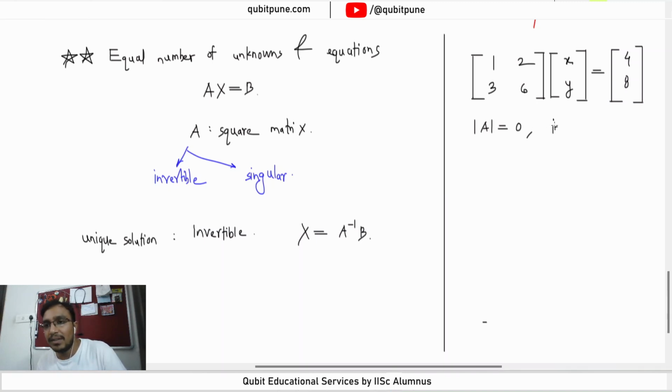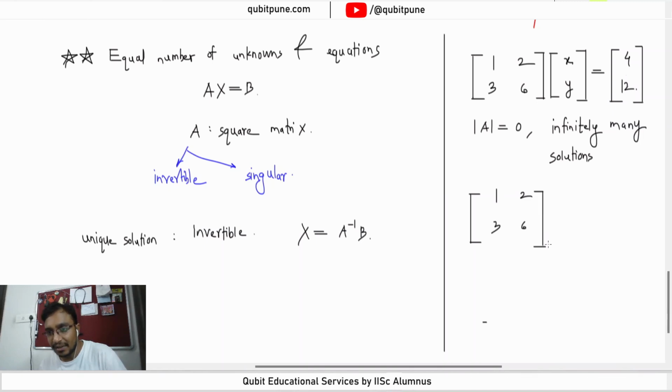But the system possesses infinitely many solutions because both equations are essentially one and the same. If I plot x + 2y = 4 and 3x + 6y = 8, they are going to coincide. No, sorry, not going to coincide. This should be 12. My bad, this should be 12. Now they will coincide.